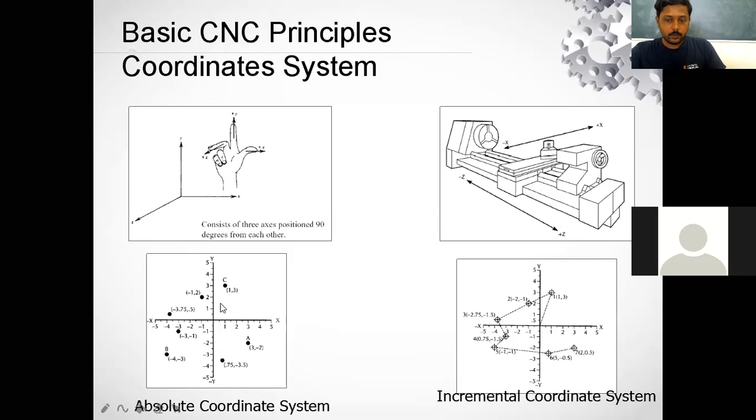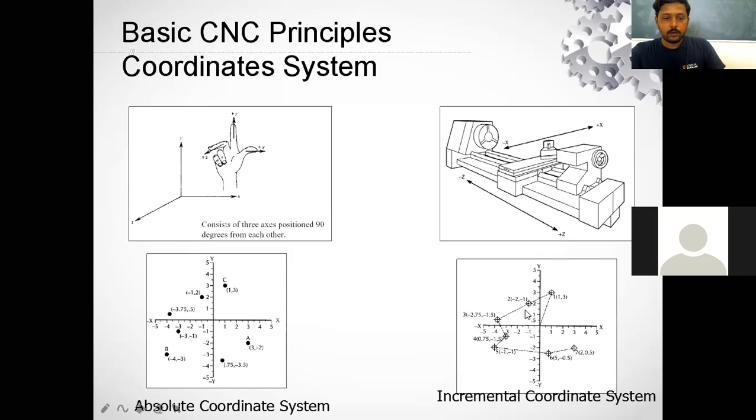So suppose in the absolute coordinate system, we want to go from A to B. In this case, you have to define the A point and B point as absolute coordinates.